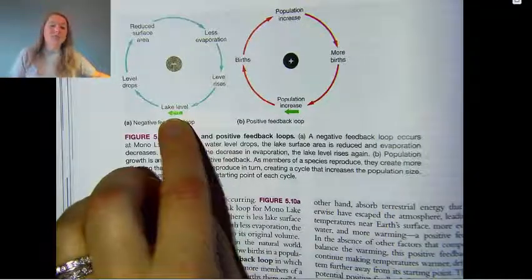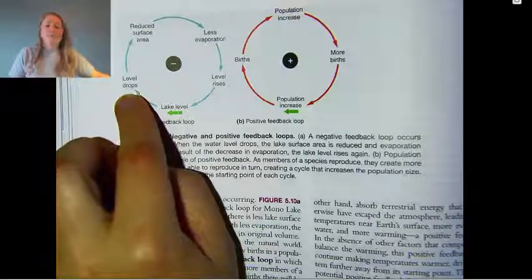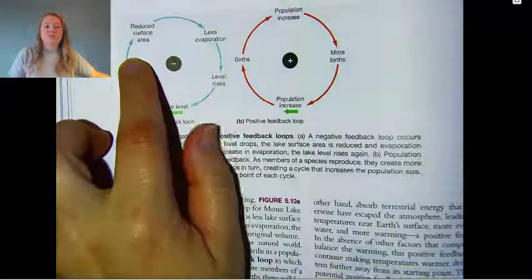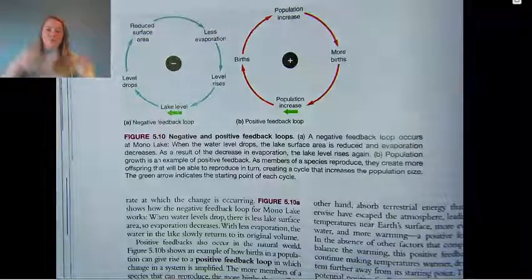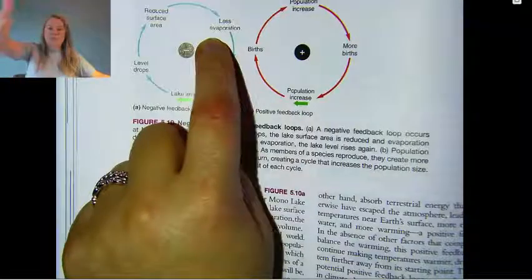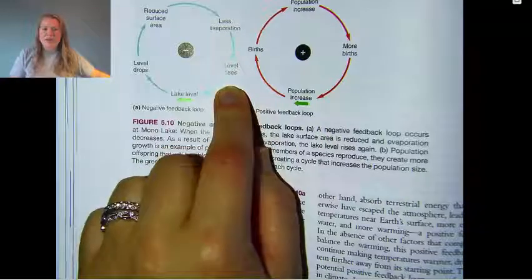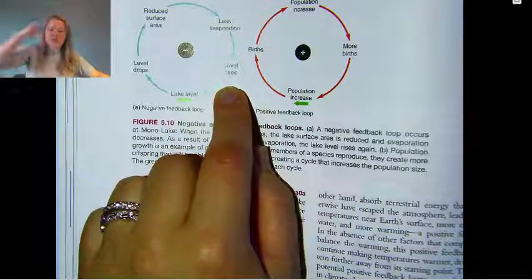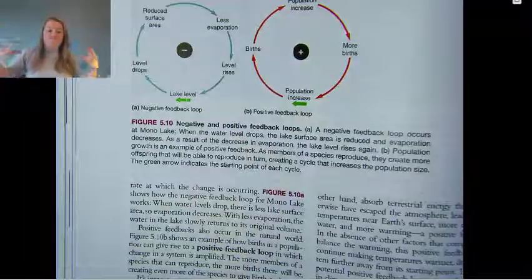So if you have your lake level, and your lake level starts to drop, because maybe there's reduced surface area, now there's less evaporation, so lake level's getting a little smaller. So less water's evaporating, less water's going out into the atmosphere. That means your lake level can rise again. So it's starting to come back up. So you have a higher lake level, which means you have a bigger surface area.